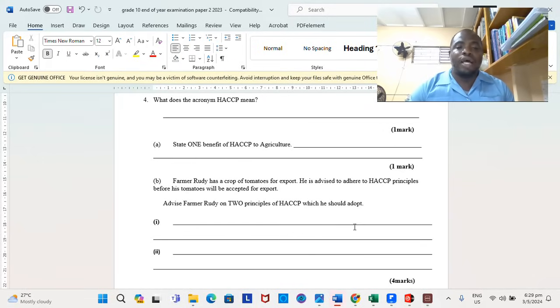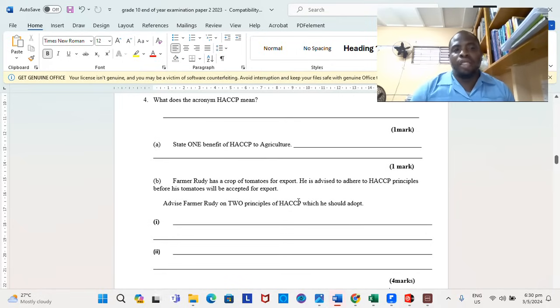So if you're supposed to have the tomatoes being washed with water of a certain standard to ensure that it removes the bacteria or any microorganism, then you have to verify that this is being done, because this will ensure that quality is obtained at the end. And so if these are not followed, then farmer Roddy may not meet the export standard.